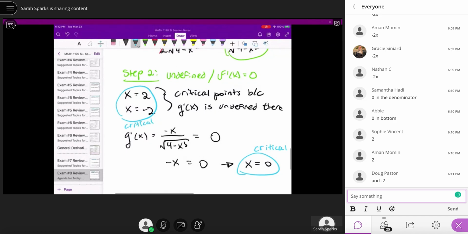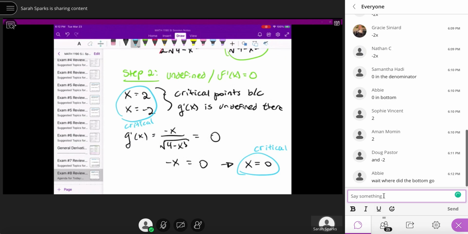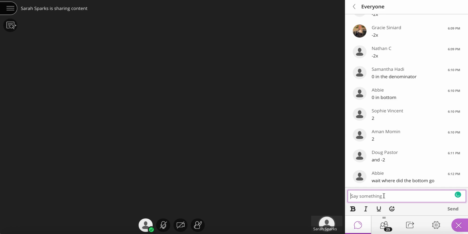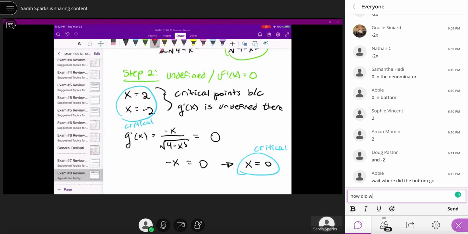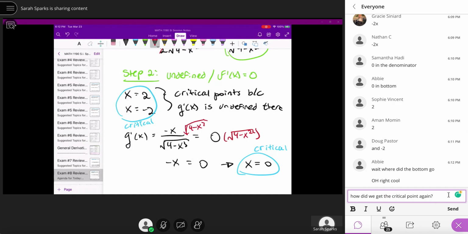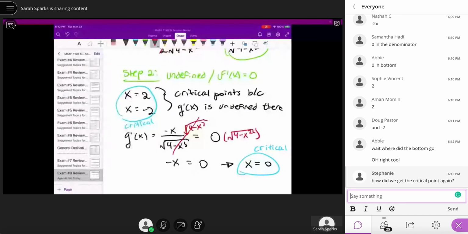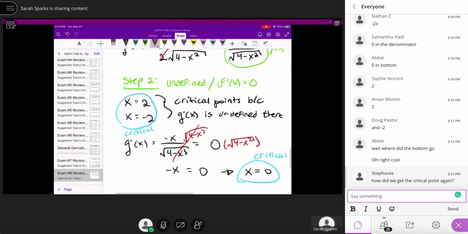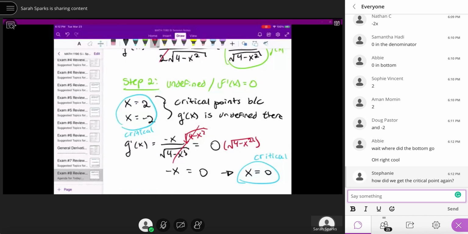Does that make sense why these are our critical points? Where did the bottom go? We multiplied both sides by root 4 minus x squared, my bad, to get it to cancel out. And anything times 0 is 0, right? How do we get the critical point again? A critical point is any point where g prime of x is undefined, or where g prime of x is equal to 0.